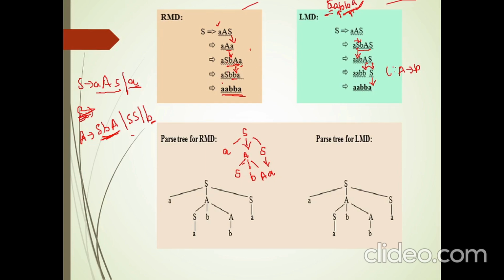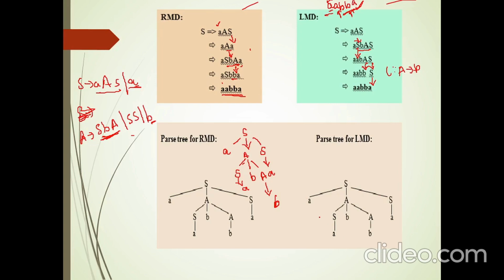B. So A gives B. Similarly, S gives A. So this is how you should construct a parse tree.